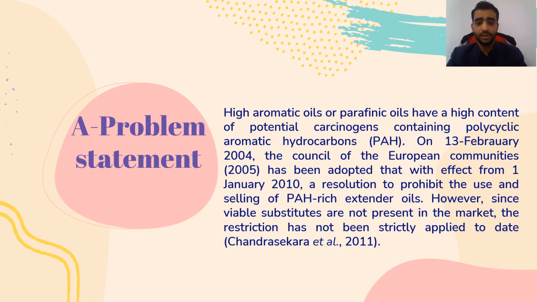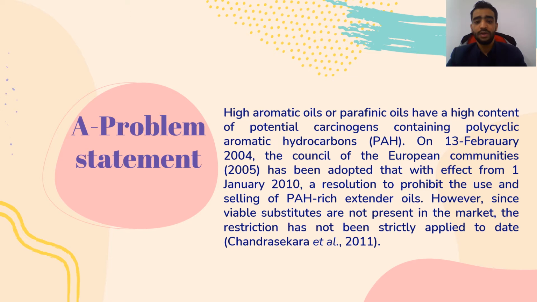The main issue is that those oils have a high content of potentially carcinogenic polycyclic aromatic hydrocarbons, and from 1st January 2010 the use and selling of polycyclic aromatic hydrocarbons was prohibited by the Council of the European Communities.